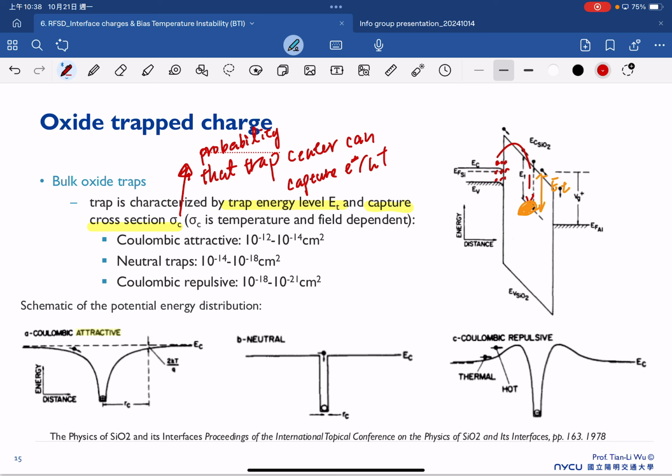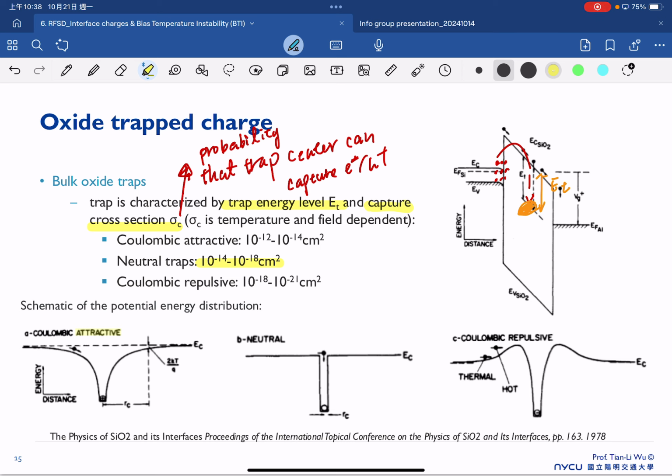So it's mainly related to probability. We have several different cases here. If we consider it a neutral trap, that means this trap is neither very attractive nor repulsive. That's what we call a neutral trap.